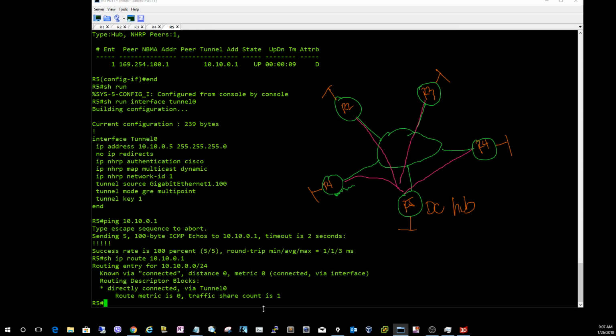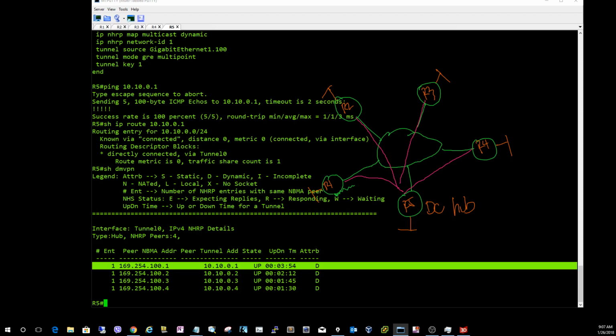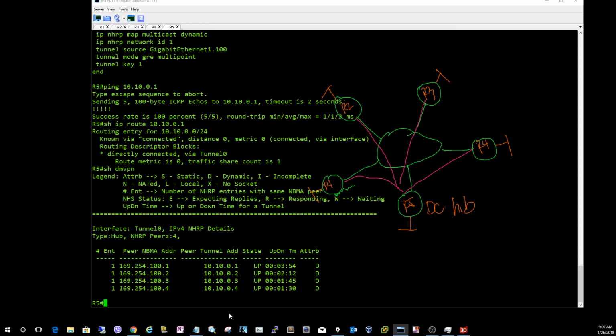So now let's look at what the server is seeing, or the NHS or the hub. So let's do show DMVPN. Okay, so we can see here that it's dynamically learning all these spokes, and this is the mapping. And you notice it just learned about it, even though it doesn't need to know where the source of this one is.